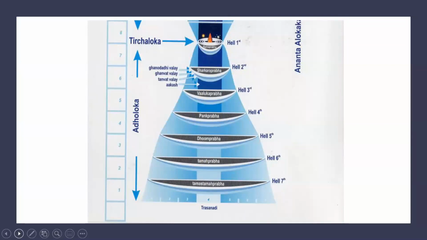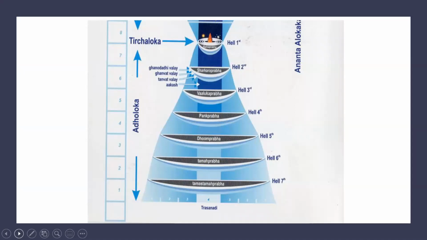Now, one thing to remember here is the thickness. The thickness of the Narkavas goes on decreasing as you go down. So we saw in our last class, the thickness of the first Narak is 180,000 yojans. And the second Narak, the thickness is smaller than the thickness of the first Narak. So in the second Narak, the thickness is 132,000 yojans.